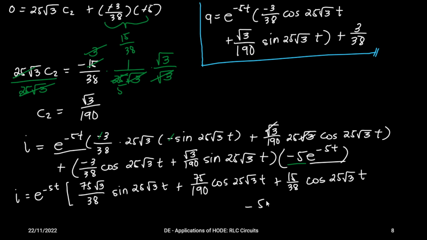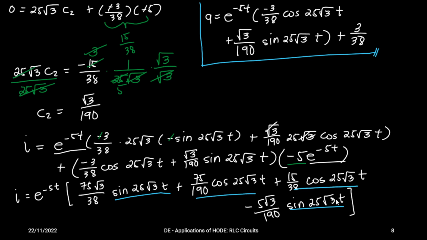So we have 5 square root of 3 over 190. Sine 25 square root of 3t. Okay, so this is the simplified. But we can combine, no? Bakit? Remember, ito at saka ito, pwede natin pagsamahin yung kanilang numerical coefficient as well as with this one. Diba? Ayan, itong dalawang to.